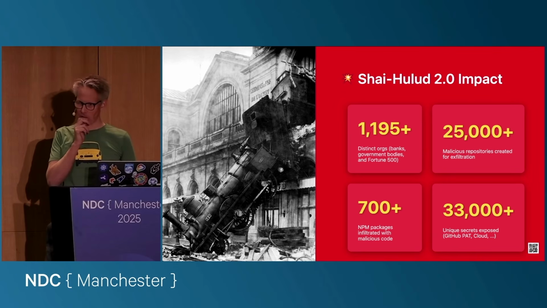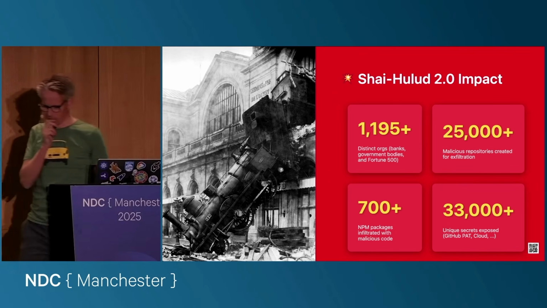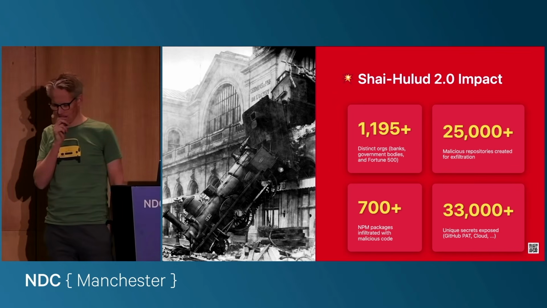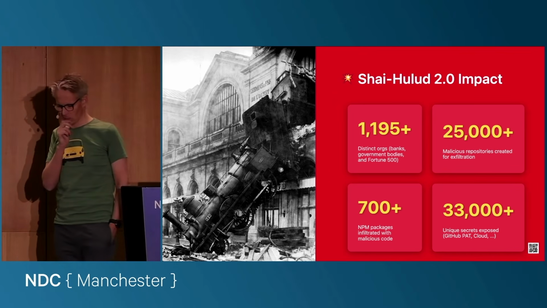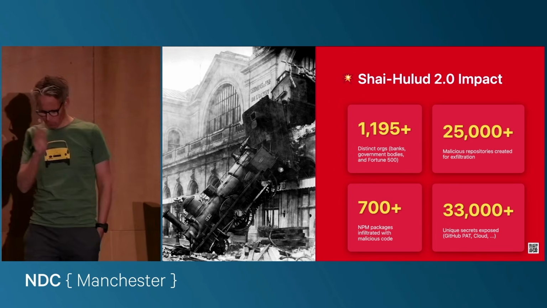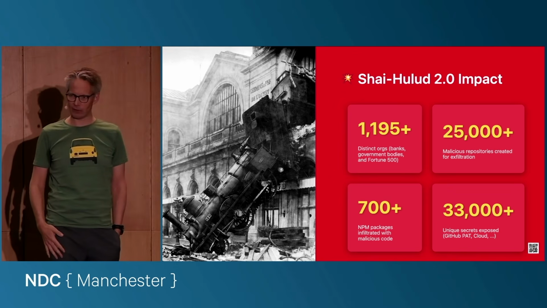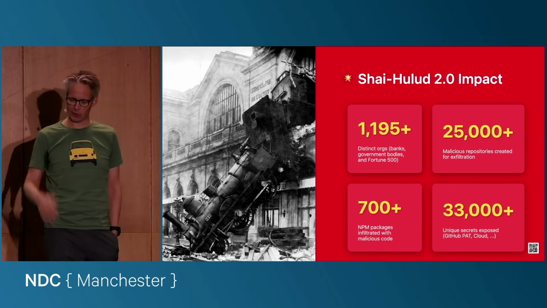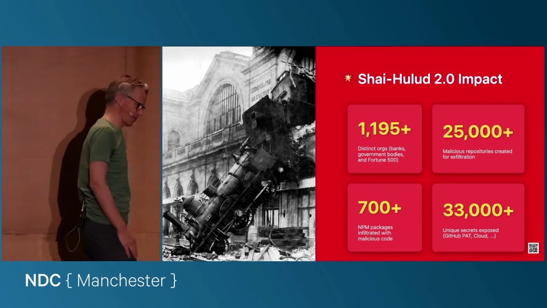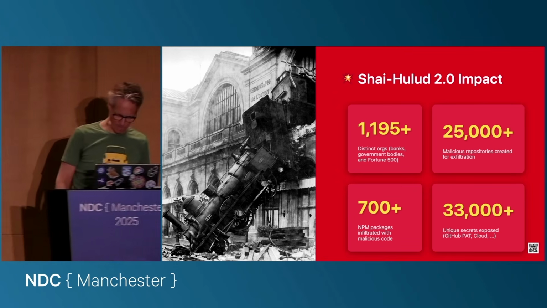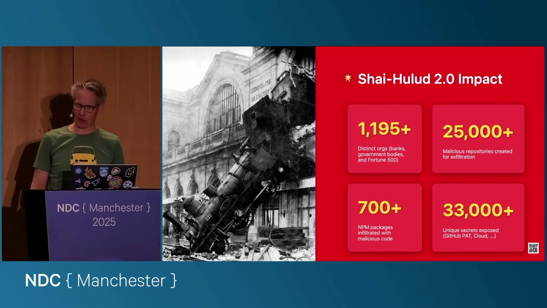That's a lot, huh? 33,000 unique secrets. And it seems, for example, that 5 to 10% are Amazon access keys and secrets in all those repositories. So the impact is high.